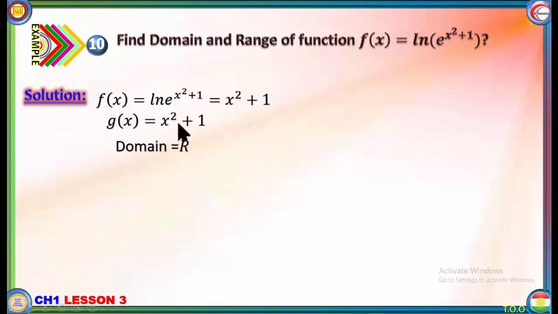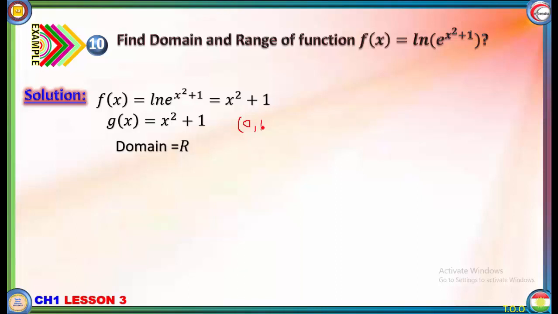To find the range, we must find the vertex of this function, because we have no x with power 1, therefore x is 0. By finding y here, g of 0 is 0 squared plus 1, which is 1.